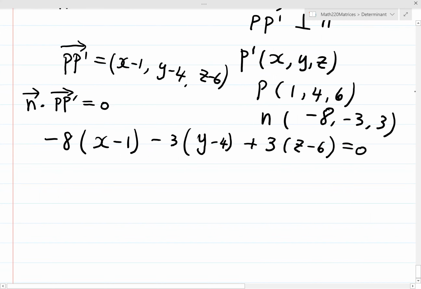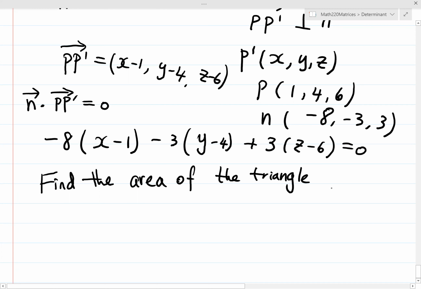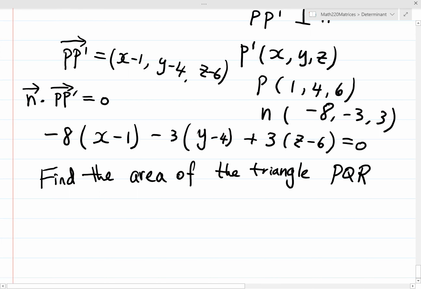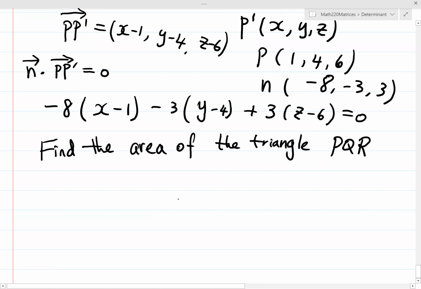Now, how do we find the area of the triangle PQR? Remember, if we have two vectors A and B, the cross product determines the area of the parallelogram.